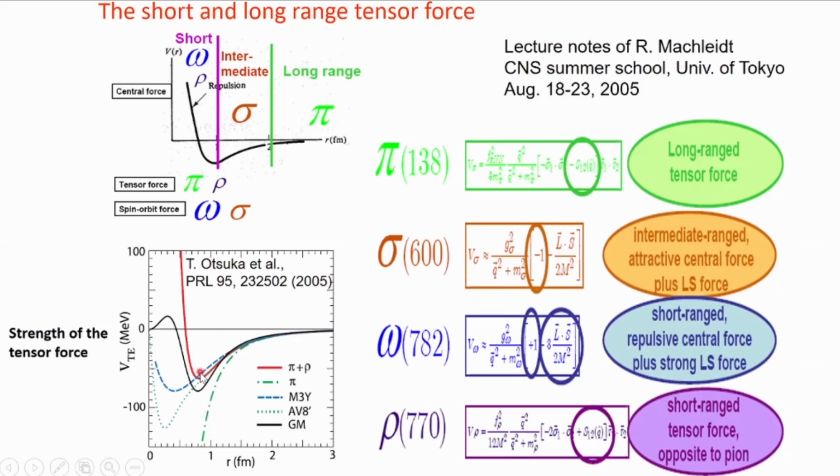It causes the mixing between S wave and D wave. But at the same distance, around 1 Fermi, you also have the repulsive core. So this repulsive core can also contribute to the short range correlation. And I'm going to show you a couple of slides illustrating the different effects of the repulsive core and the tensor force on the short range correlation.